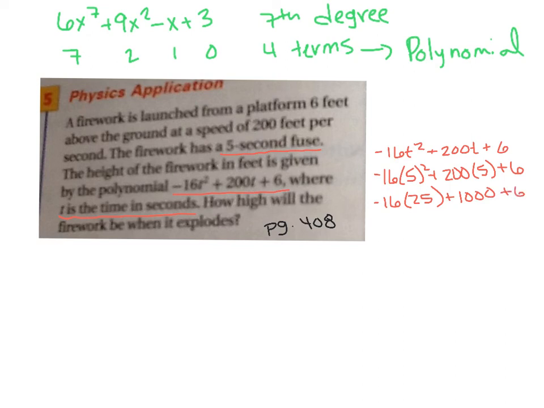We know that negative 16 times 25 is negative 400. And then we just plus 1,000 plus 6. And then we know negative 400 plus 1,000 is 600. And 600 plus 6 is 606. So it will be 606 feet above the ground when the firework goes off.